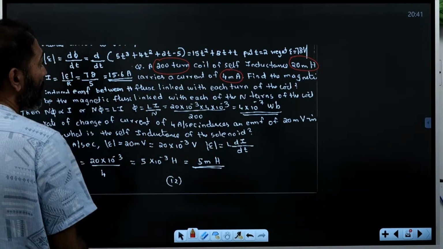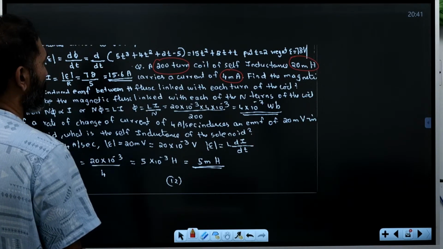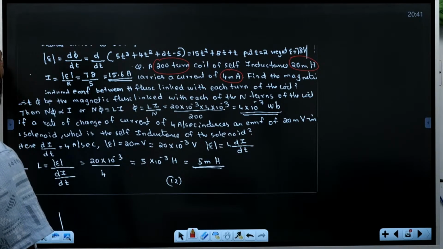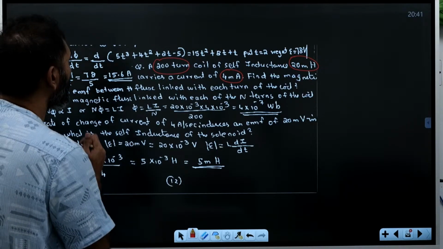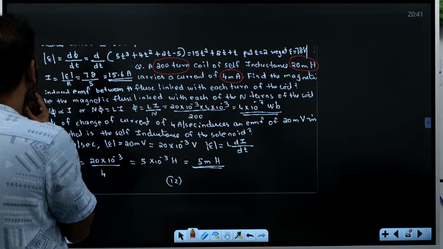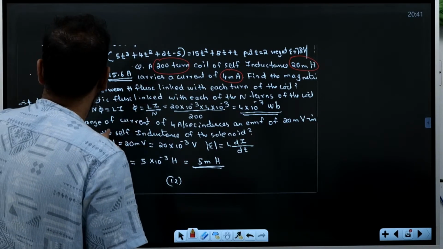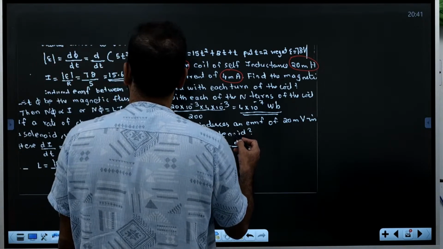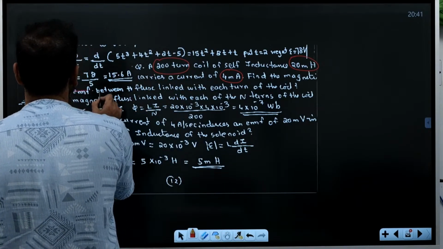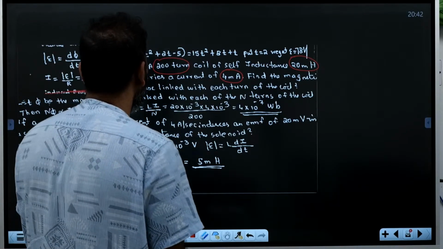Find the magnetic flux linked with each turn of the coil.